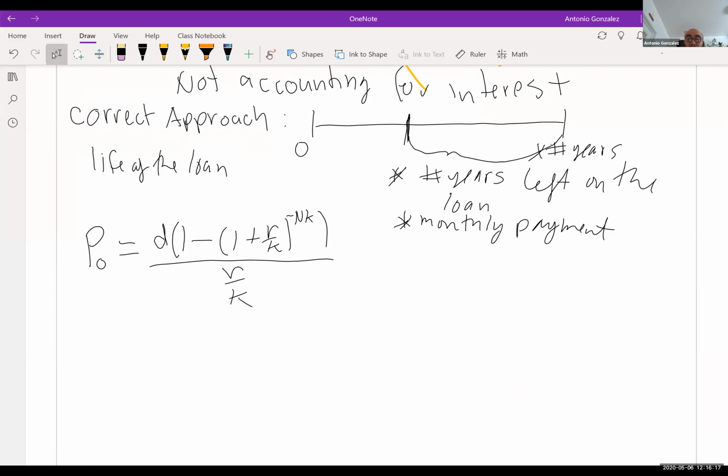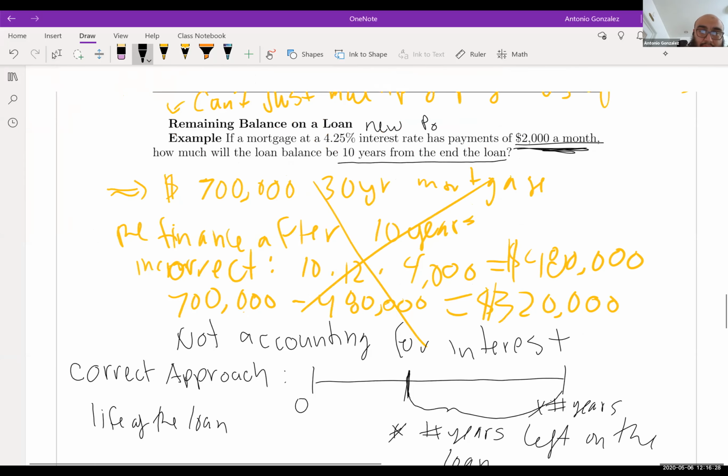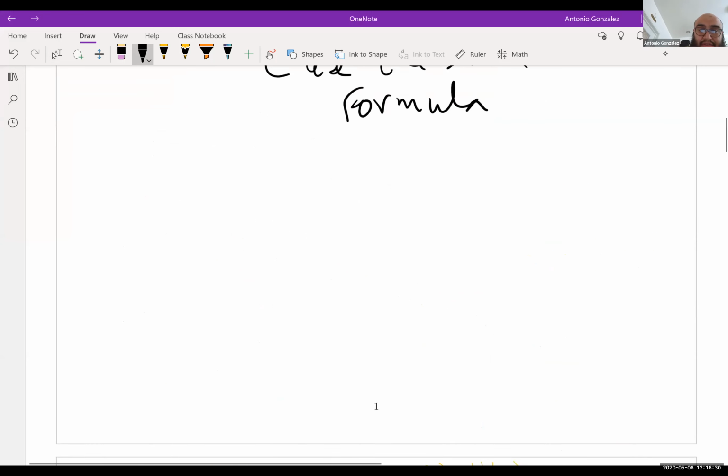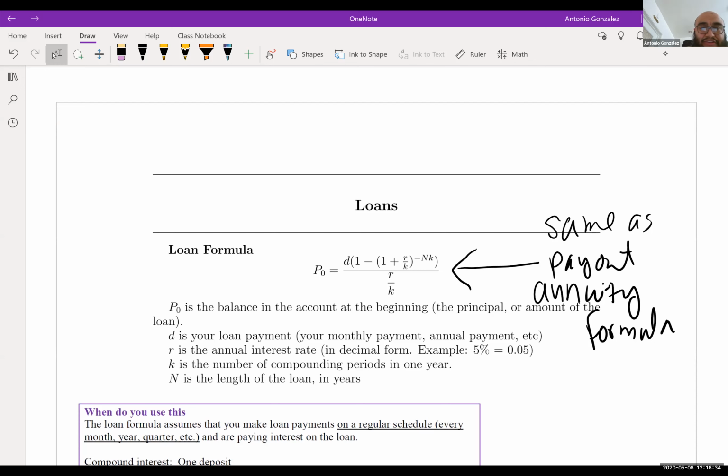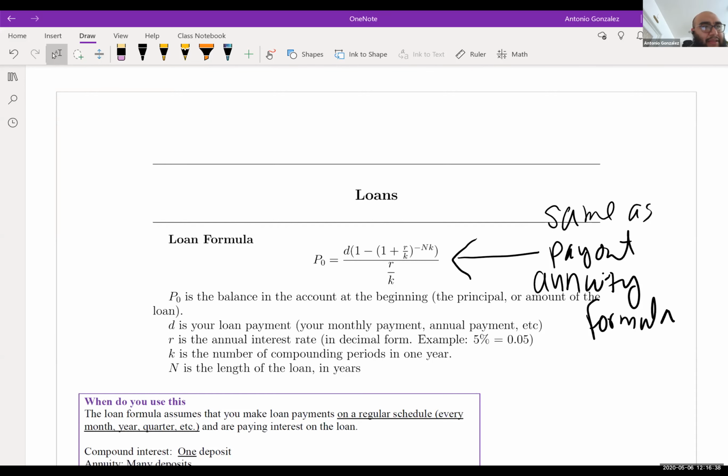Negative N times K, that is from our loan formula. I didn't go over the derivation of it, I just skipped that kind of math. We didn't go over a rigorous proof of the formula. We just stated it, so we can just take it at face value. That's the formula that we'll be using.